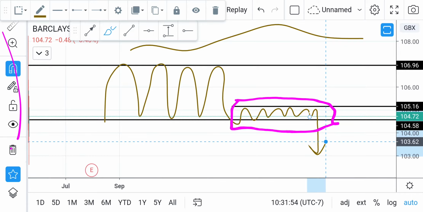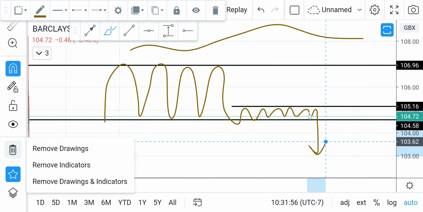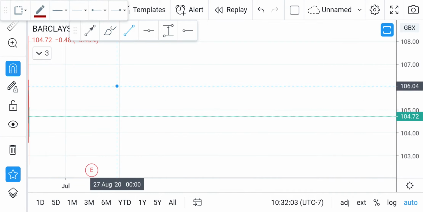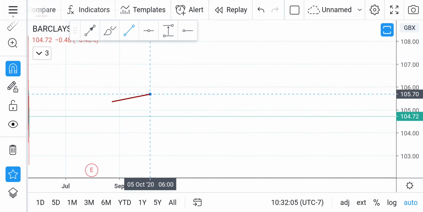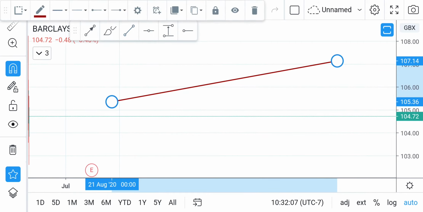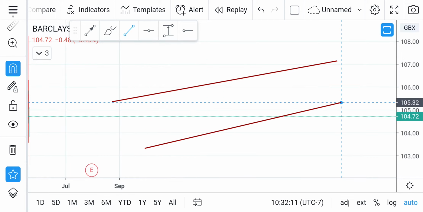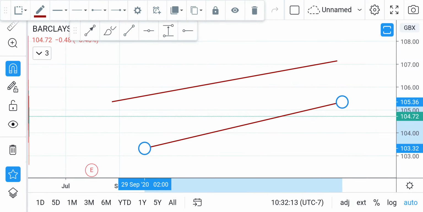So another place you can have a volatility contraction is around a trend line. You don't just have it around horizontal support and resistance. You can also have it around the trend line.